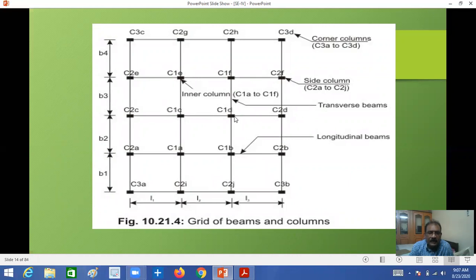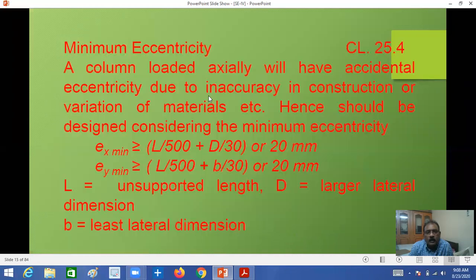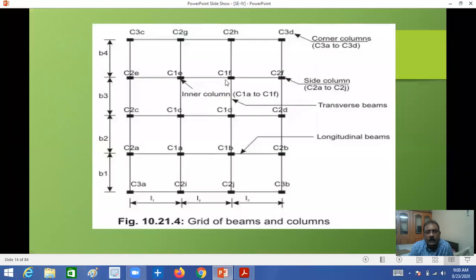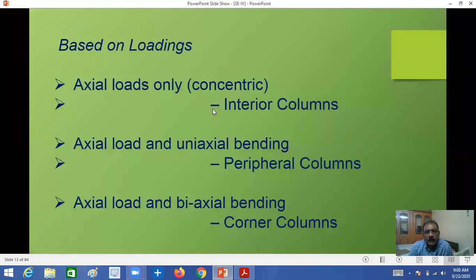There are three conditions: axial load without any moments, axial load with one side uniaxial bending moment, and axial load with biaxial bending. So this is the type. These are very important types of columns, right?